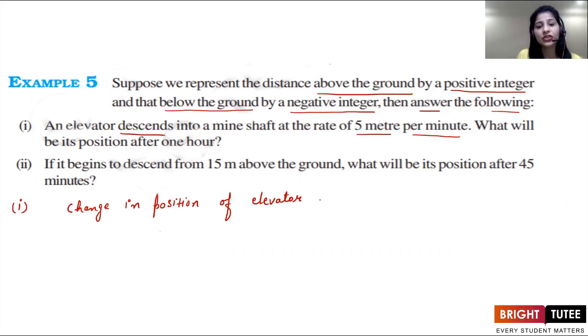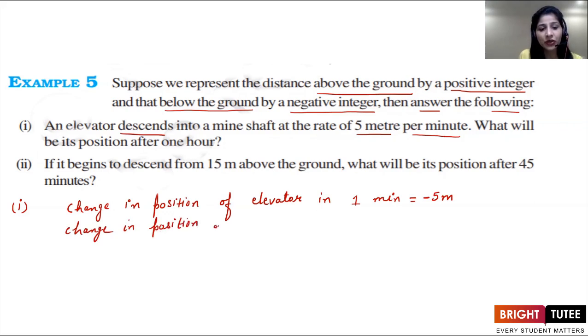At every minute, it goes 5 meters down. So change in position of elevator in 1 minute: it goes down by 5 meter. Because it is going down, we will represent it with a minus sign. So it will be -5 meters. We have to find the change in position in 1 hour.